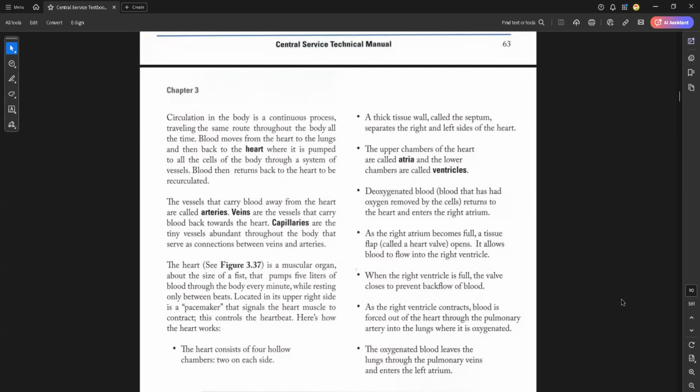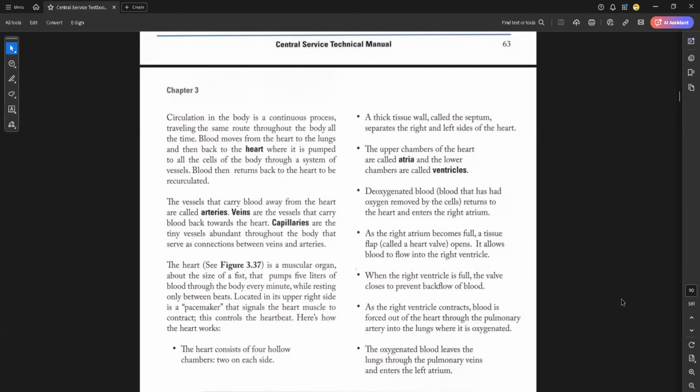So when we breathe in oxygen, it mixes with our blood. And then it is carried to the heart. The heart will pump it to all the cells. Cells have oxygen for you. When the cells take the oxygen, then the blood becomes deoxygenated, meaning no oxygen.